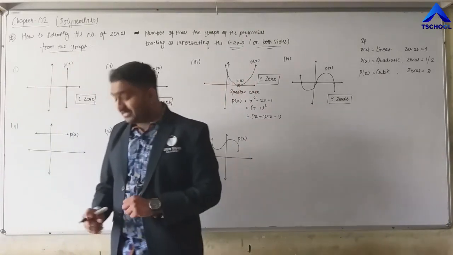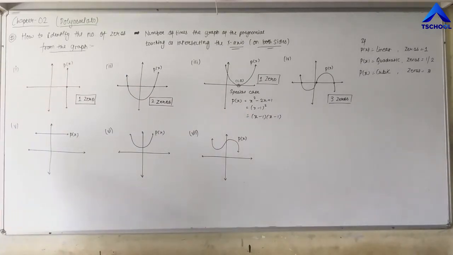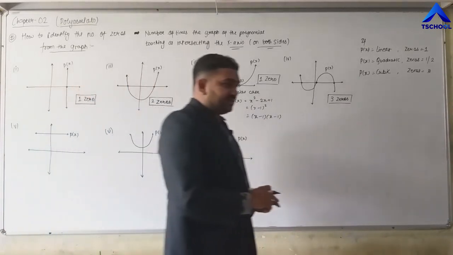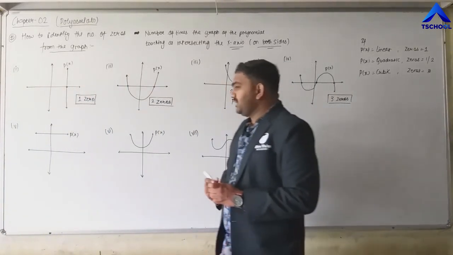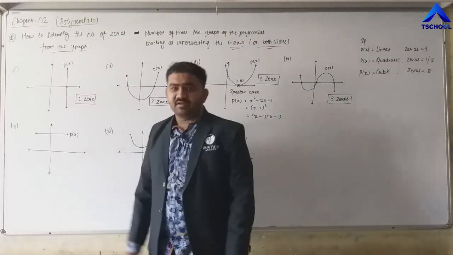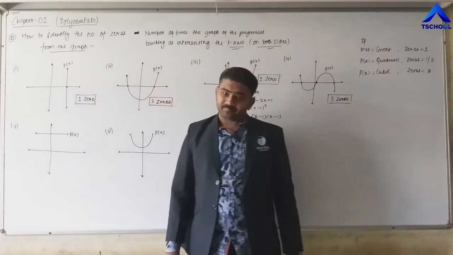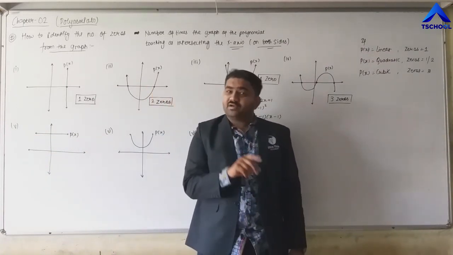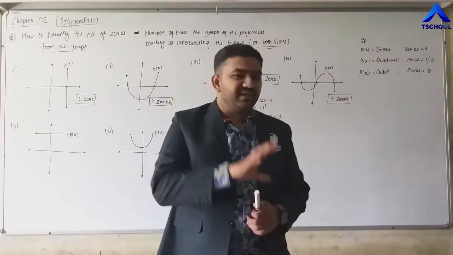Right? Now we shall discuss some cases where the graphs do not intersect the x-axis anywhere. So in case number 5, you can see here that the graph of p of x is a straight line parallel to the x-axis, which means that graph will not intersect the x-axis anywhere.